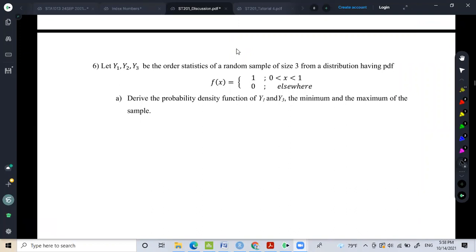We have another question from the previous one. If the two samples are taken from two dependent normal distributions, can we add the means and variances of the two samples? For dependent, no, because the variance will have a covariance term. When they are dependent, there will be a covariance.